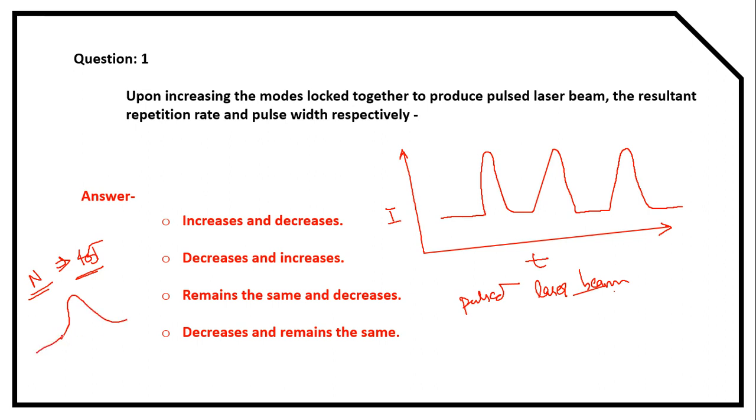We have a lot of modes which are very close to each other but still different, say lambda, lambda plus 1, lambda plus 2, or lambda plus x, with a small increase or decrease.